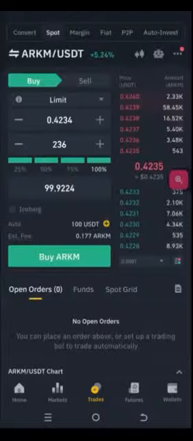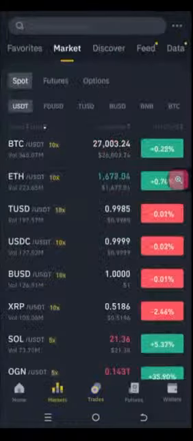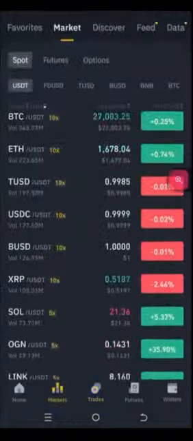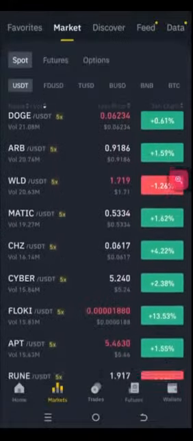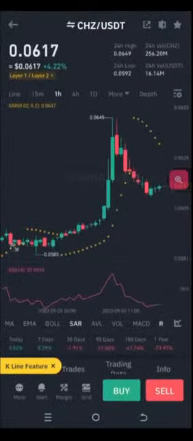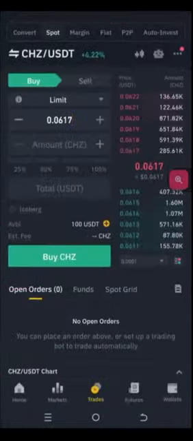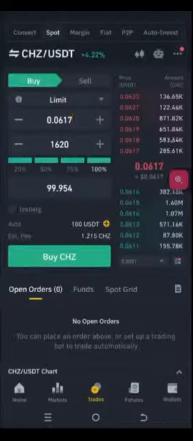So let's look at a smaller price coin. Let me go back to markets and look at one that's cheaper, less than 10 cents. Look at this one. This is CHZ. It's 6 cents. If I try to buy this and I pick 100%, can you see now I have 1,620 pieces of CHZ.